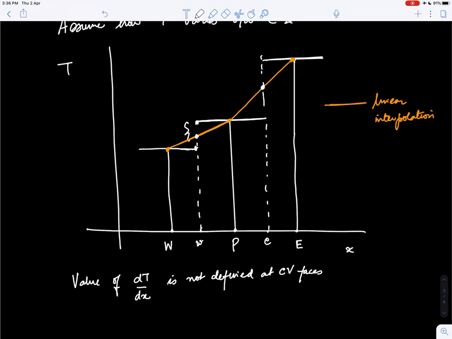Again, as I say, these are not the only choices. We could take a quadratic approximation as well. But there are some difficulties associated there, which we'll come to at some point later in these lectures.